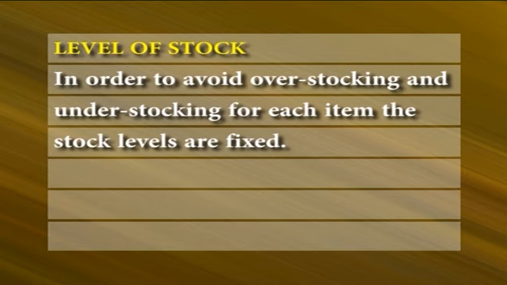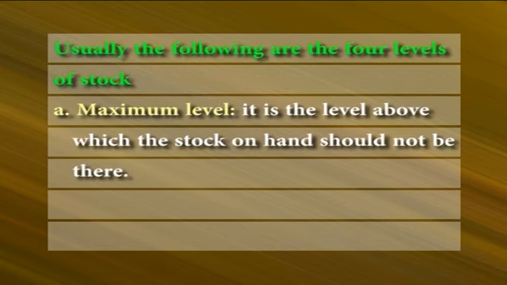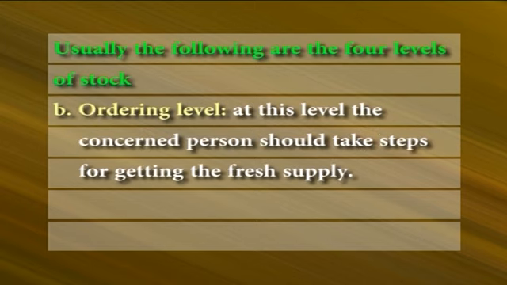Level of stock. In order to avoid overstocking and understocking for each item, the stock levels are fixed. Usually, the following are the 4 levels of stock. Maximum level. It is the level above which the stock on hand should not be. Ordering level.